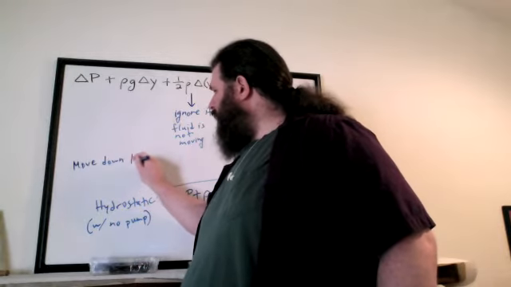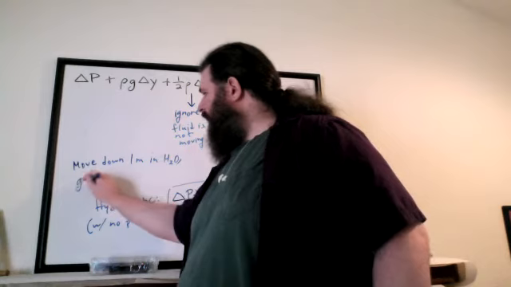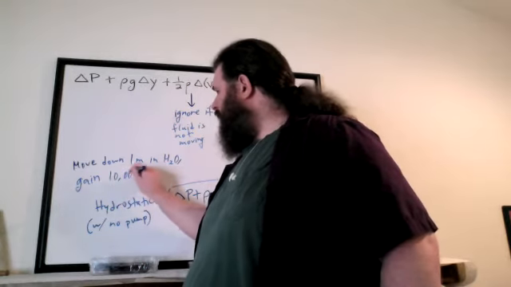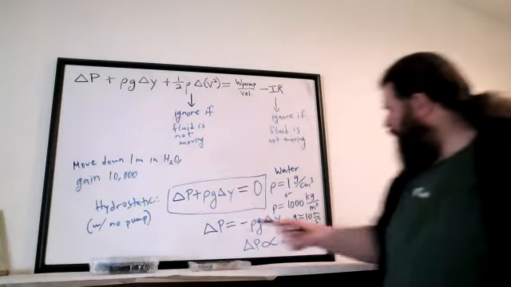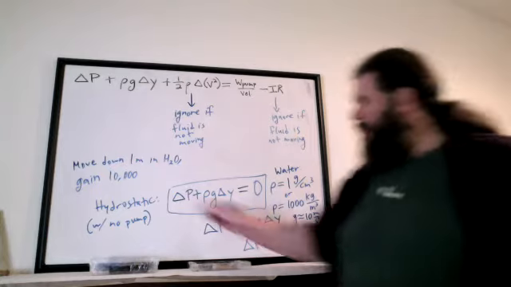Move down 1 meter in water, gain 10,000. And if you work out the units here, 1 meter times meters per second squared times kilograms per cubic meter, you end up with pascals.